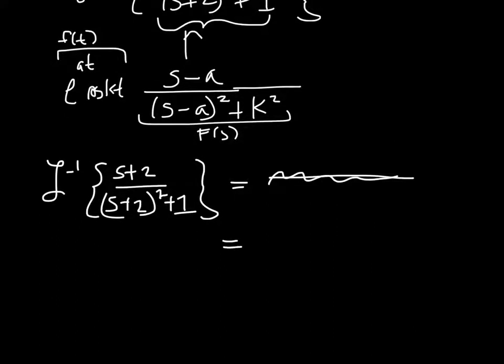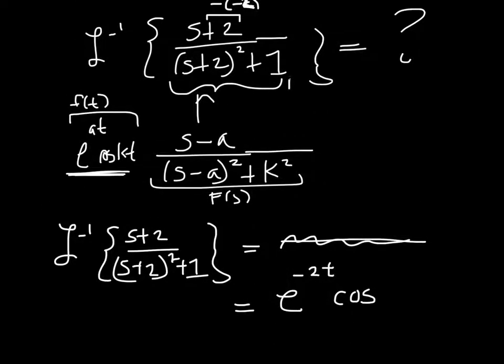So e to the at. I'm looking at this guy, e to the a t times cosine kt, and in this case my k is 1, because it's 1 squared, k squared, and it's cosine because it's s minus a, I have a term s up here.